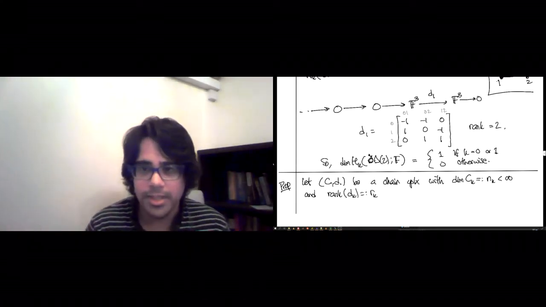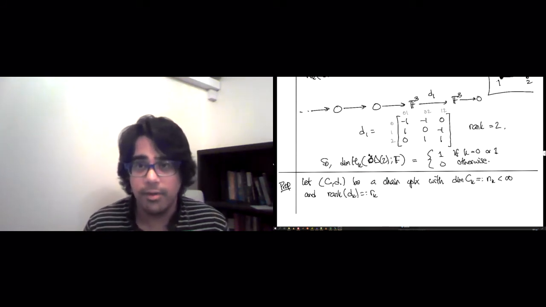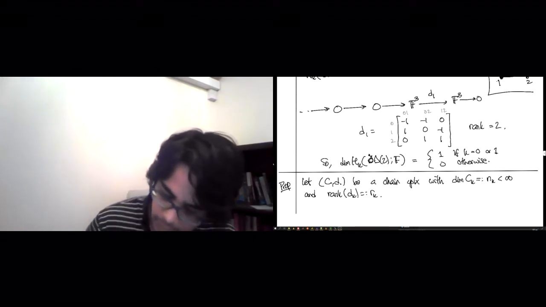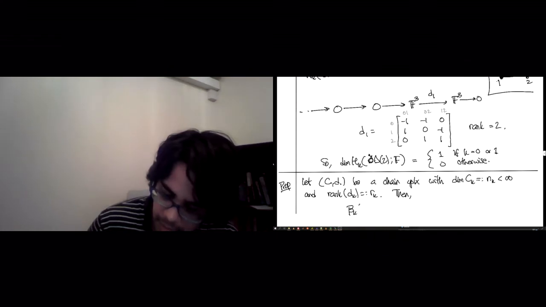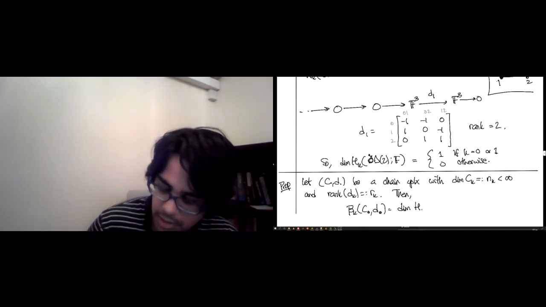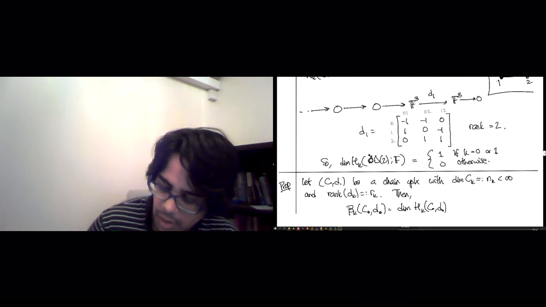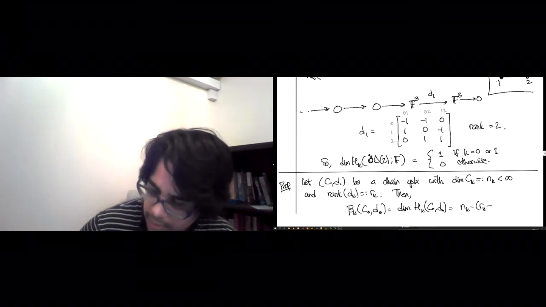Because it's going from C_K to C_{K-1}, and both of those have finite dimension, this rank is also automatically finite. Then the Betti number of (C, D), which is the dimension of the kth homology of (C, D), is always equal to N_K minus the sum of the ranks.